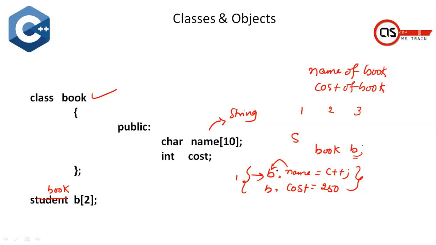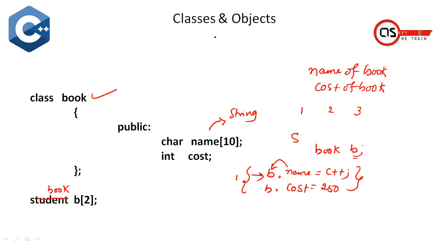Now what in case I would like to read it where I have 100 different books in my shelf, I would like to read the name of those 100 books and read the cost of those 100 books and print it.